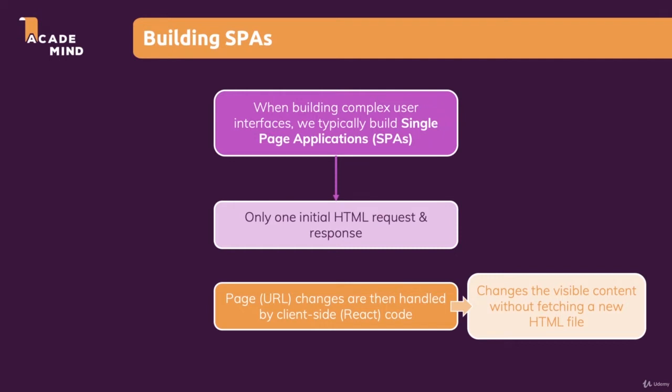So we want a package which does all the routing and which looks at the URL and brings different components onto the screen based on URL changes, but which does all of that in the browser. We need to write code that does that, or we use a third-party package that does that. And thankfully, there is a third-party package for that.